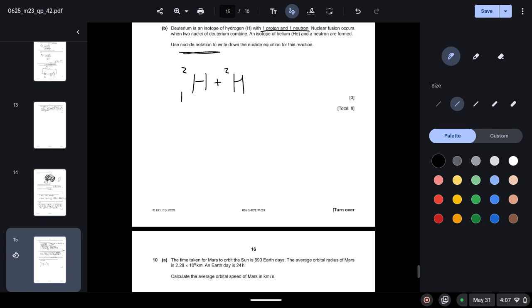So there are 2 of these. They convert into an isotope of helium and a neutron. So balancing the equation, you will get this equation. A neutron has 1 nucleon and obviously 0 protons, so this is your equation. The helium atom will have 2 protons and 1 neutron.